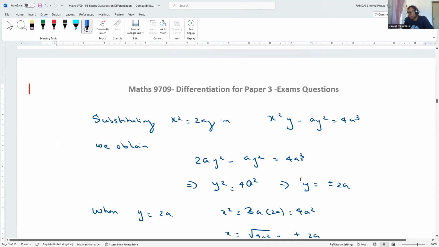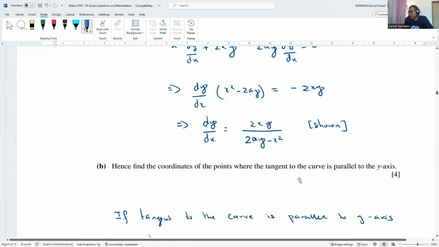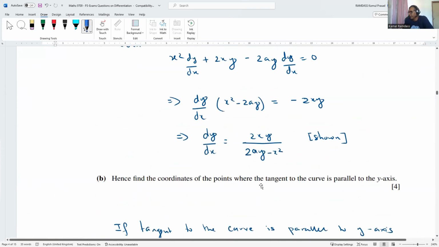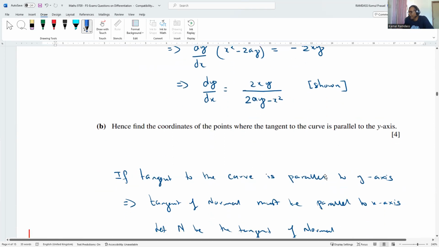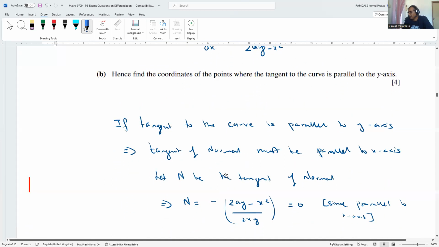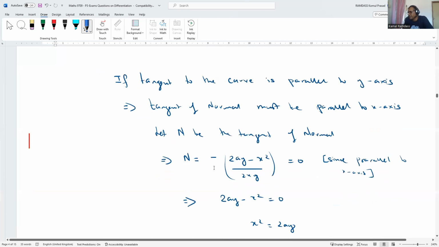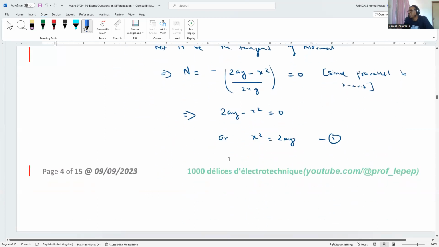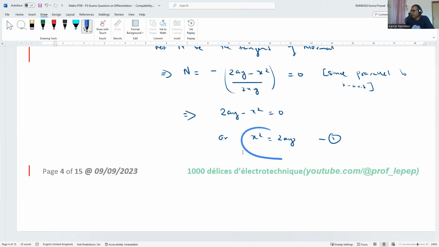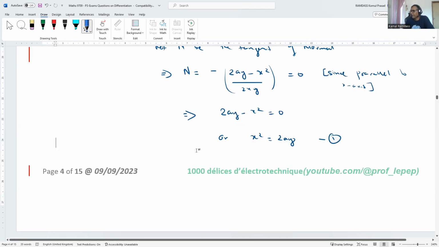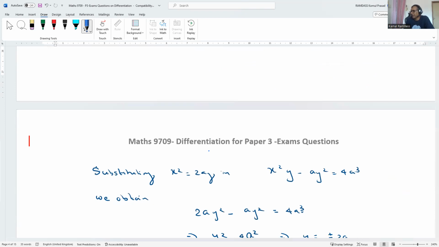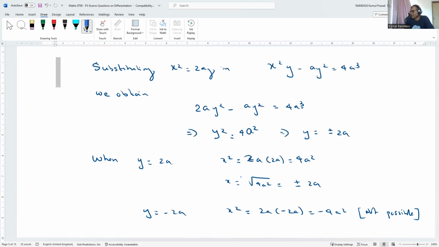Ça veut dire, since we are to find the coordinates of the point where the tangent to the curve is parallel to the y-axis, je equate the gradient of normal to 0, et je gagne une relation, x squared is equal to 2ay, et finally, je remplace ça in the equation of the curve, et je gagne y is equal to plus ou minus 2a.